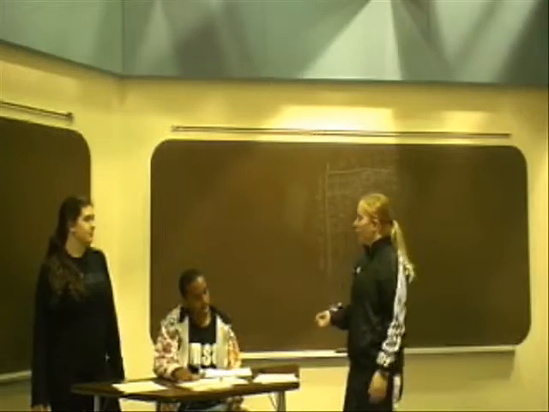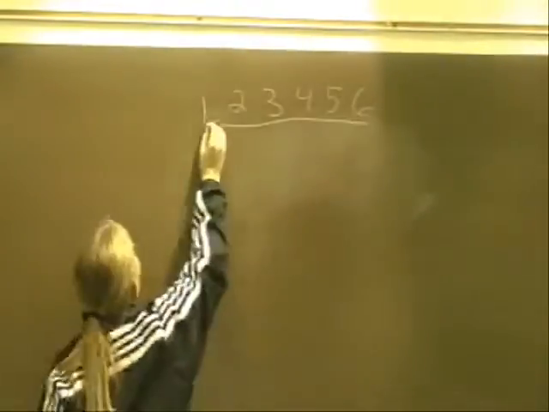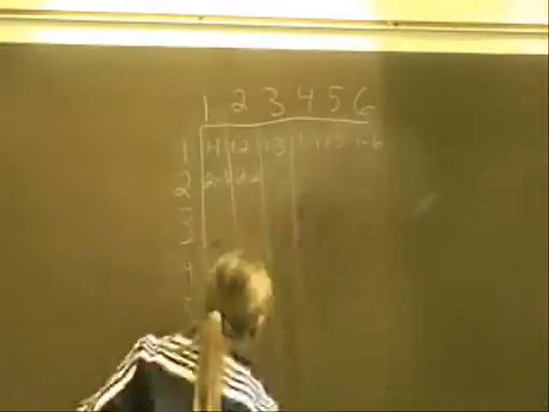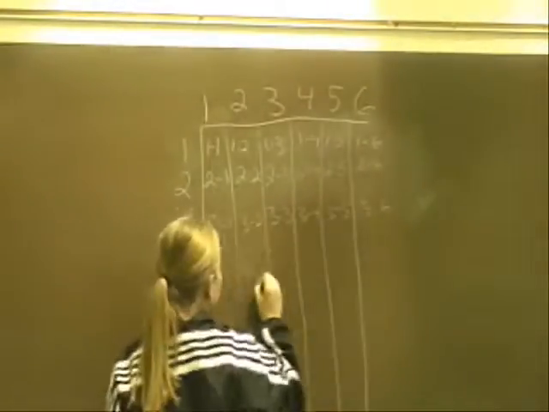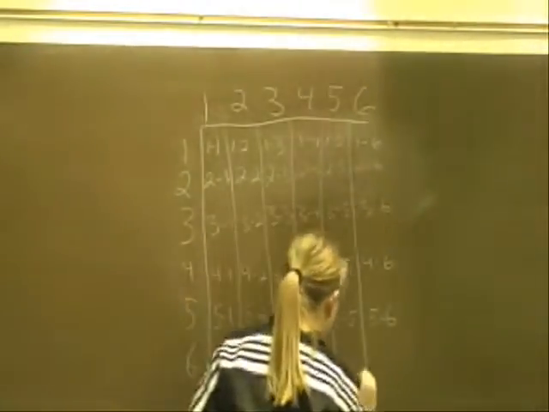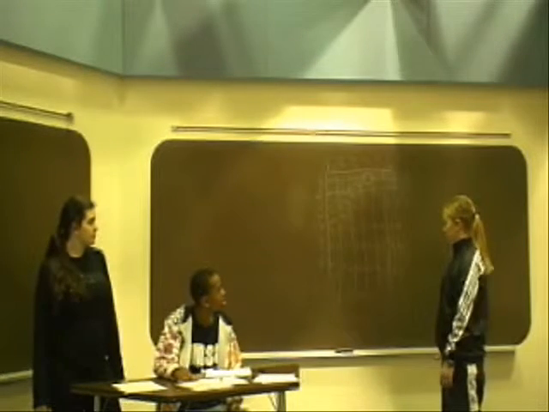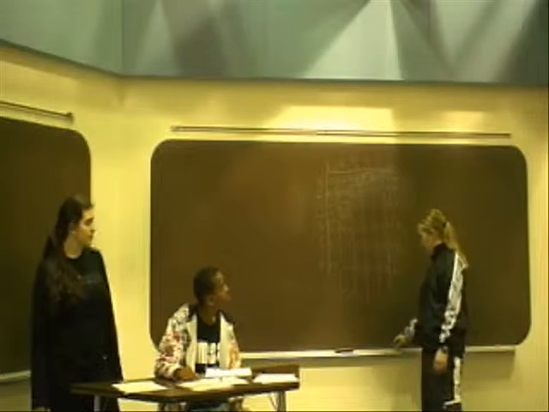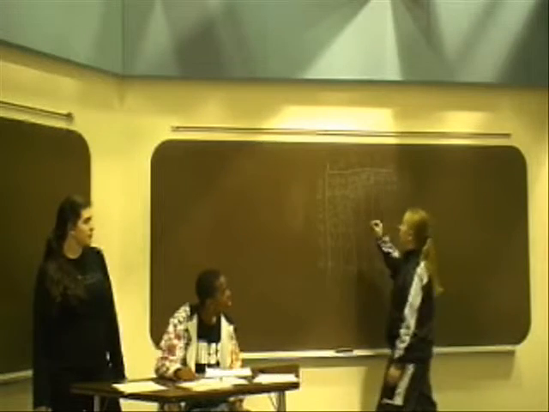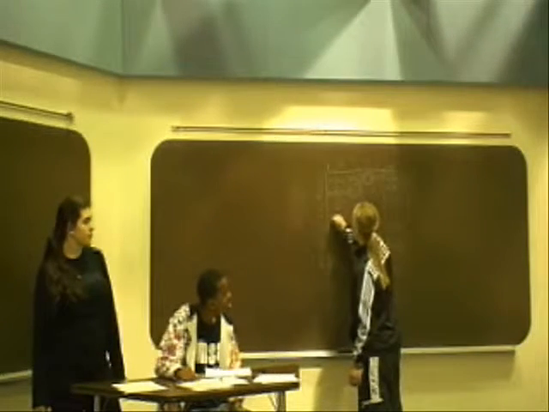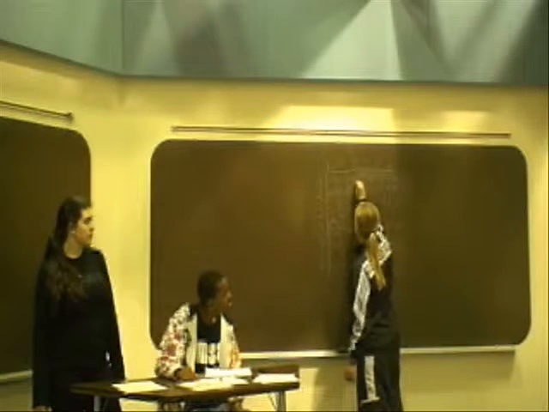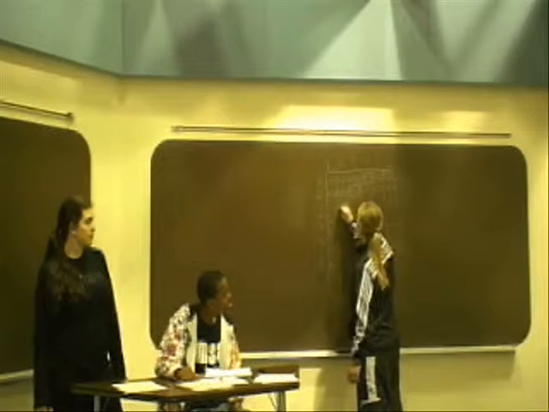Now, we can write out all the possibilities. Now, out of these, which ones would add up to be 5? 1-4, 2-3, 4-1, and 3-2.